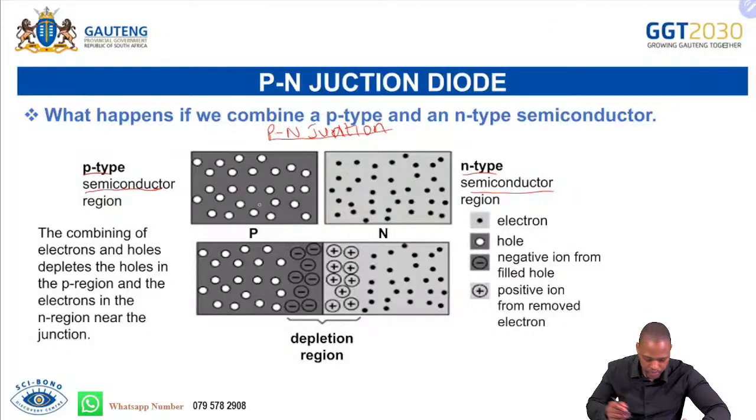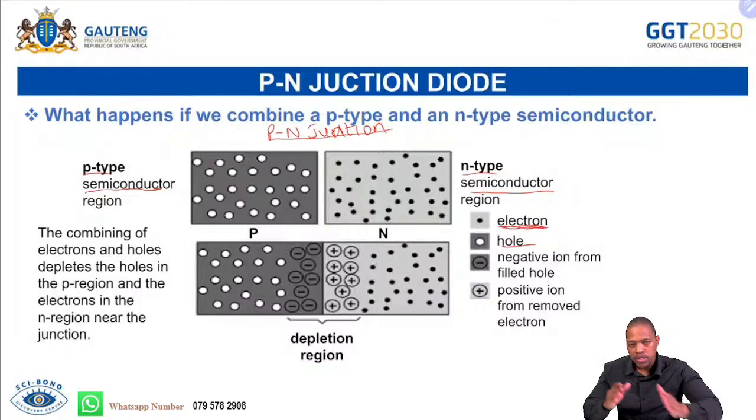As you can see here, the white dot represents holes, and the black one represents electrons. Same thing on the n-type semiconductor: I have a lot of extra electrons, free extra electrons. I have to emphasize that, free extra electrons.